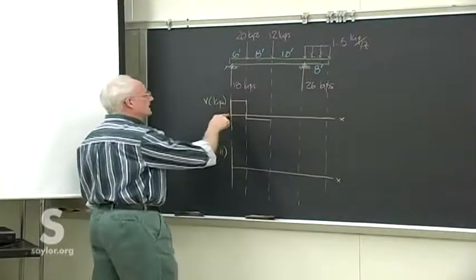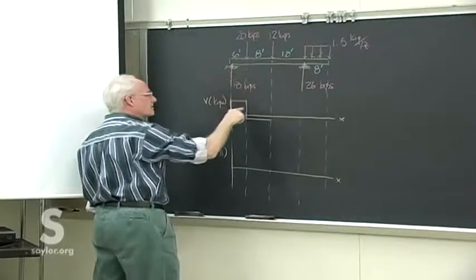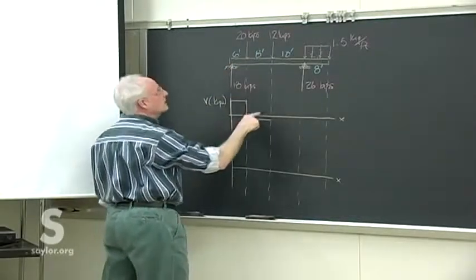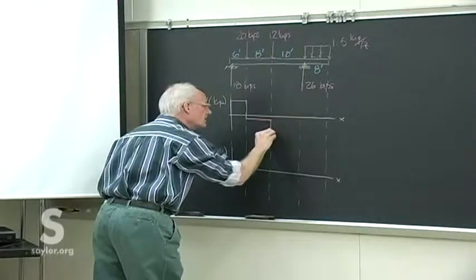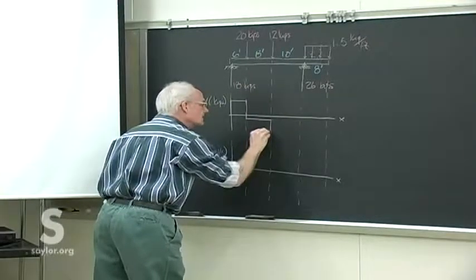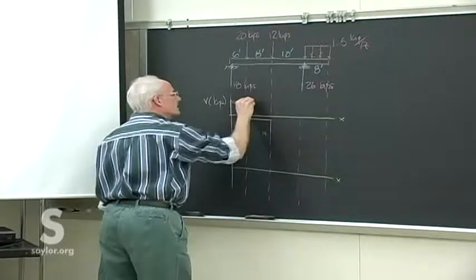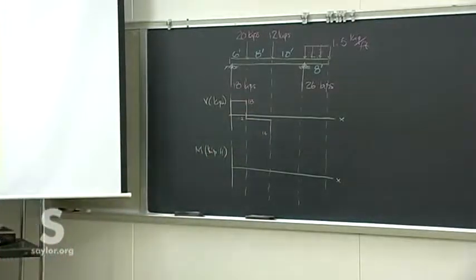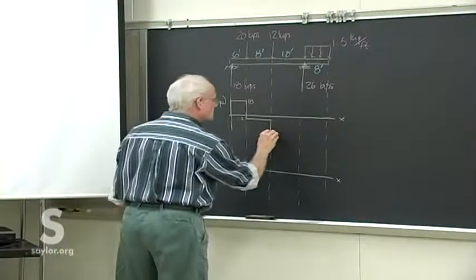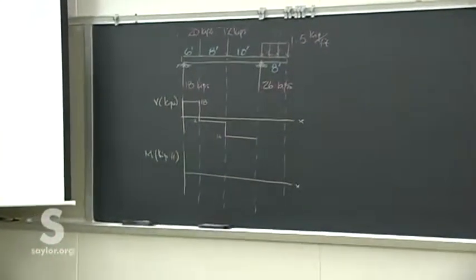So we took a jump up at 18 for the reaction, a jump down of 20 for the point load, then we take another jump down of 12, so that takes us to minus 14 here, or minus 2 there, and 18 there. And nothing else happens till we hit the next point load.